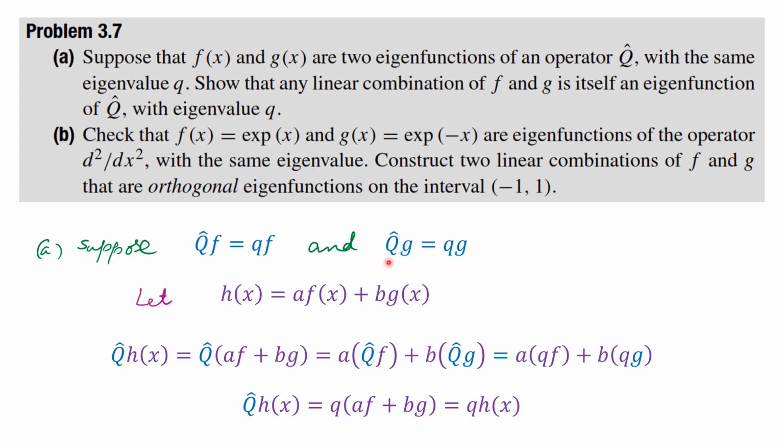And if it acts on g, you will get eigenvalue q multiplied by g. Let us take a linear combination of this f and g. That function we call h of x, which is equal to a times f of x plus b times g of x. We are taking a linear combination where a and b are two arbitrary constants.